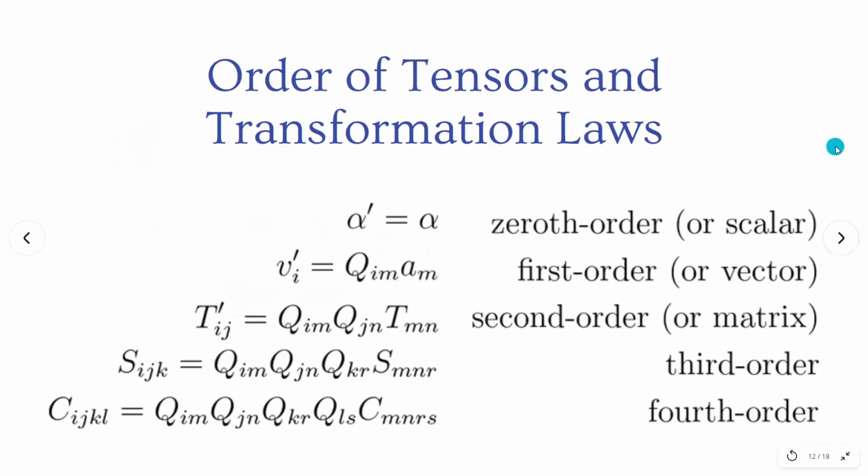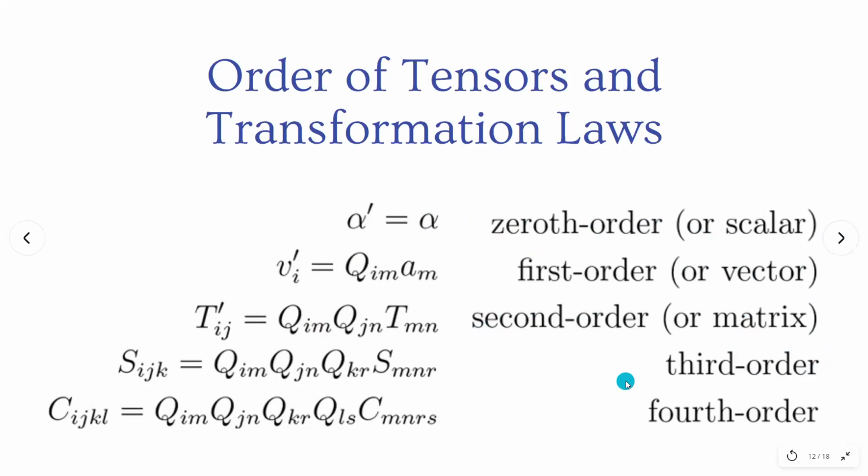So here, we have different orders of tensors. So we have a zeroth order tensor, or in mathematics or in physics, we call it a scalar. And then a first order tensor, we call it a vector. A second order tensor, we call it a matrix.